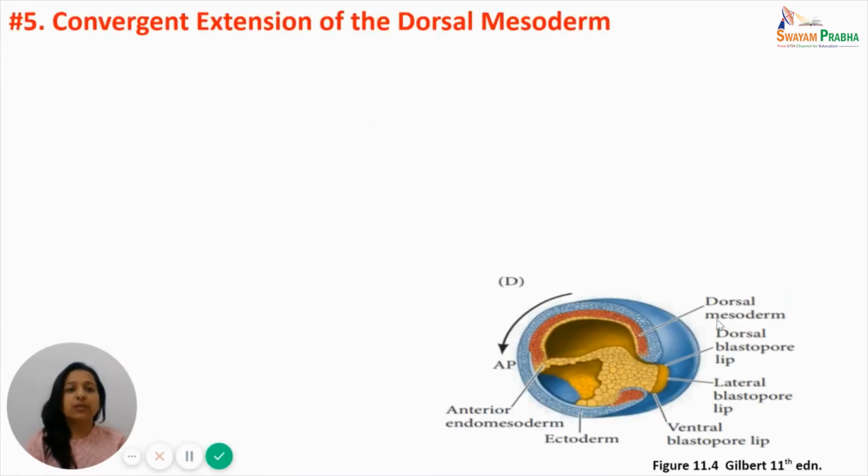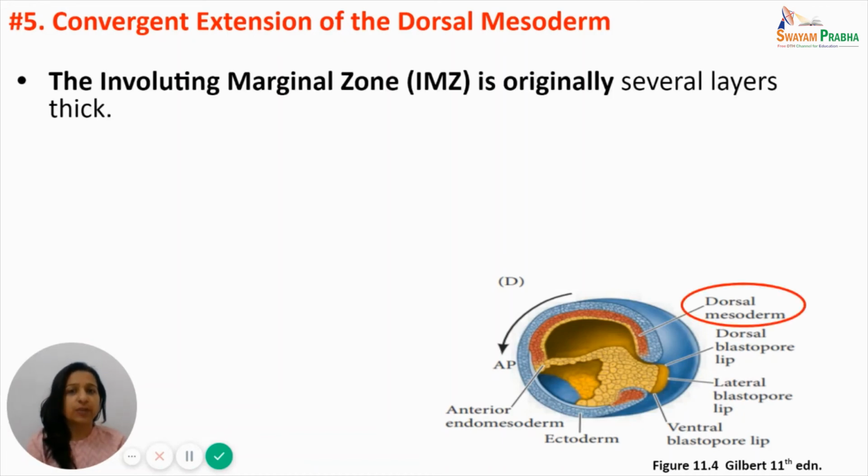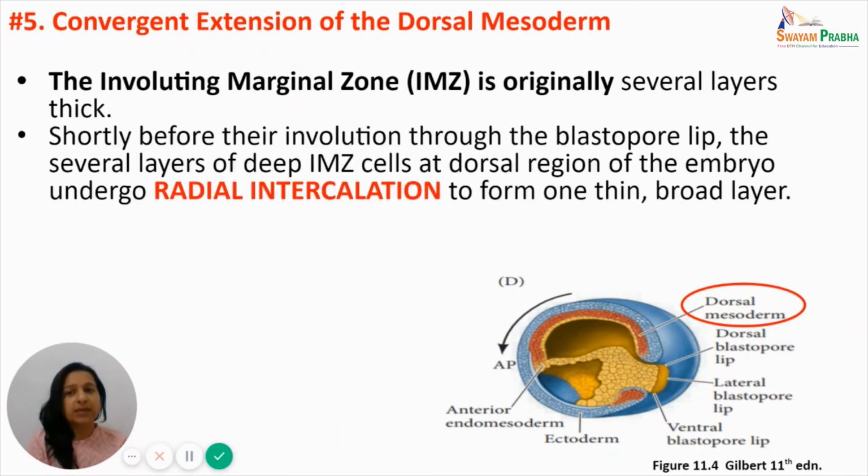The next phase during gastrulation involves the convergent extension of the dorsal mesoderm. Initially, the involuting marginal zone is several layers thick, but shortly before their involution through the blastopore lip, these several layers of the deep IMZ cells which are present at the dorsal region of the embryo start undergoing radial intercalation.